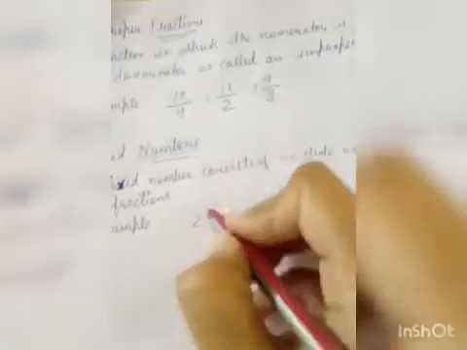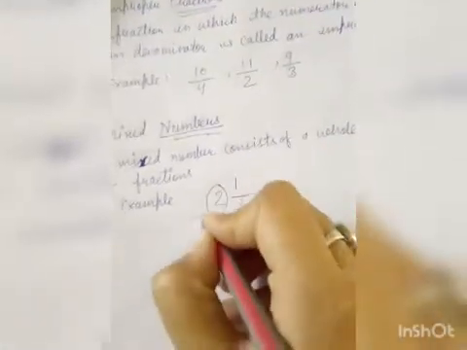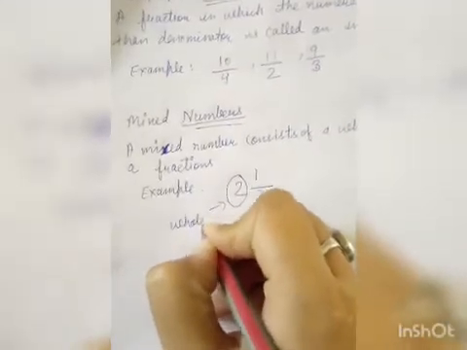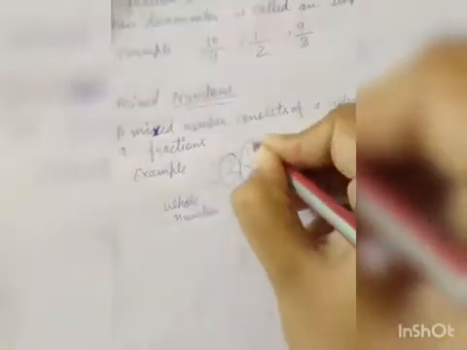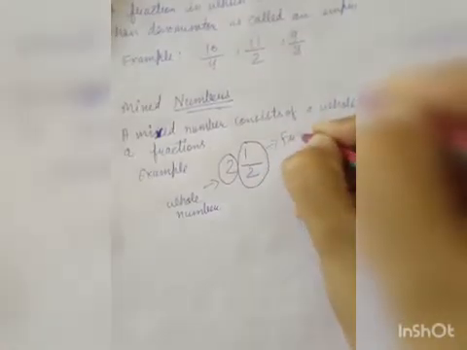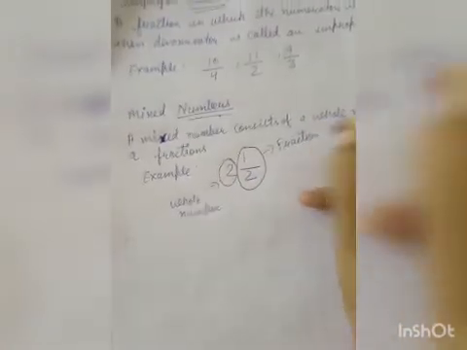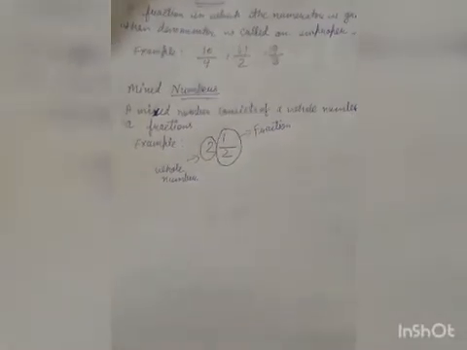Okay, so this is a whole number and this is a fraction. So a combination of a whole number and a fraction, we call it a mixed number.